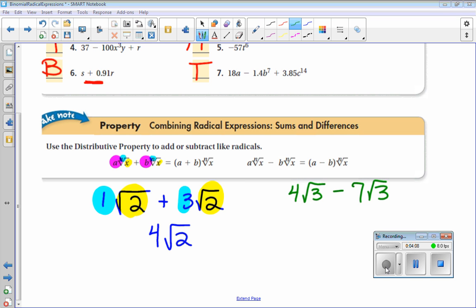Sure. They are like terms. So I have the square root of 3 here. And what do I do with the 4 and the 7? The 4 minus the 7? Negative what? Negative 3. Negative 3 radical 3. So again, if they're like terms, if what's underneath the radical is the same, we're in business.